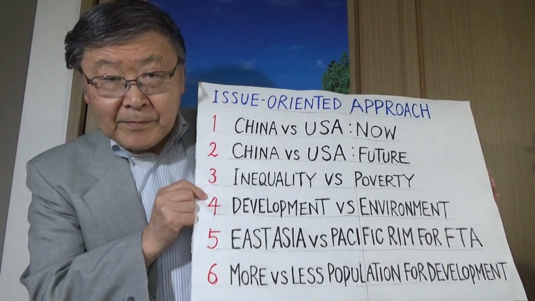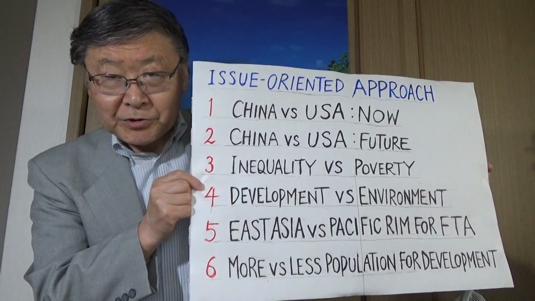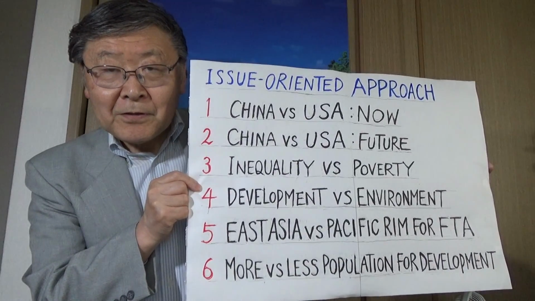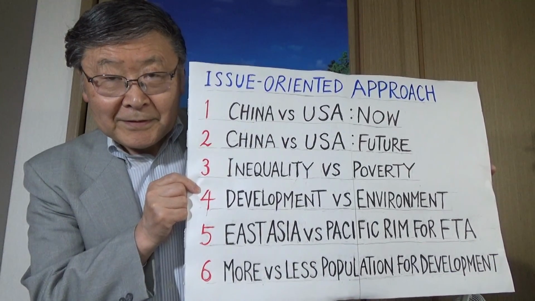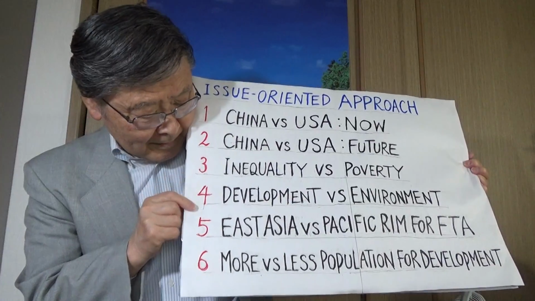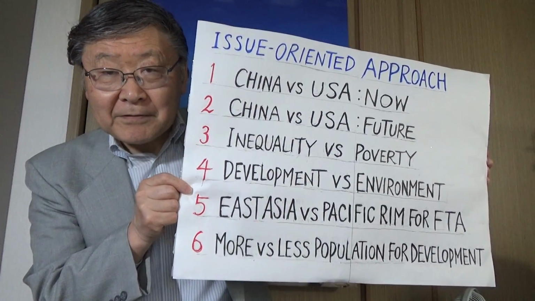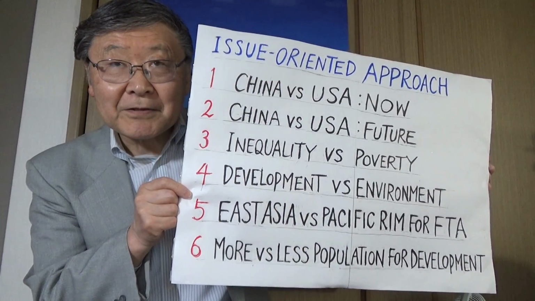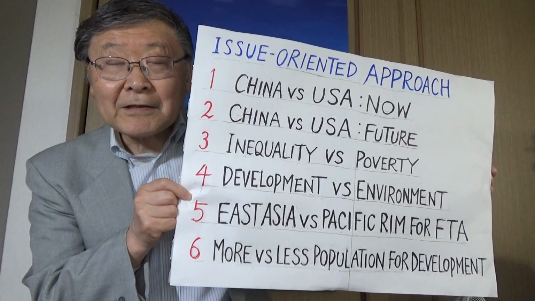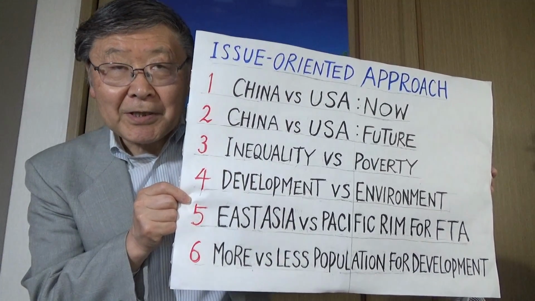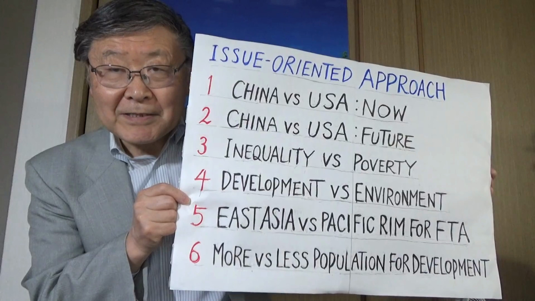Fourth, this is a well-known issue, that's development or the environment in East Asia. Fifth is about the so-called free trade agreement or free trade area to be formed, especially involving East Asian countries.